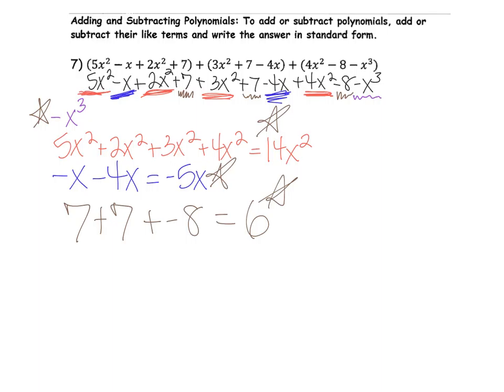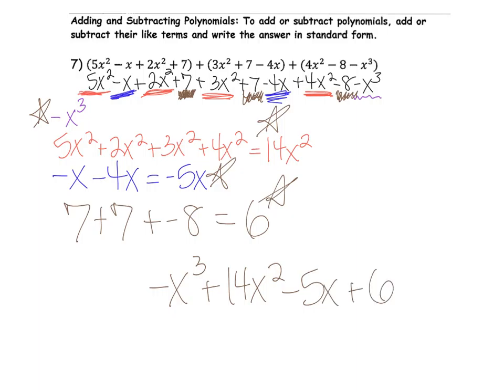My final answer: -x to the third, positive 14x squared, minus 5x, positive 6. This polynomial is the answer when I added all three of those parentheses.